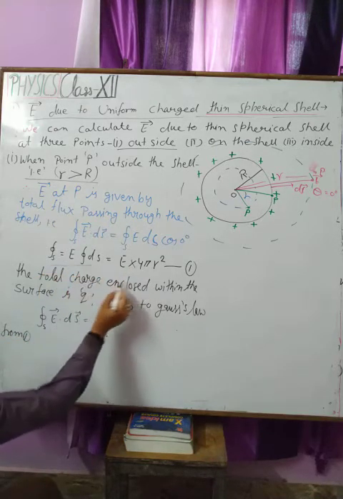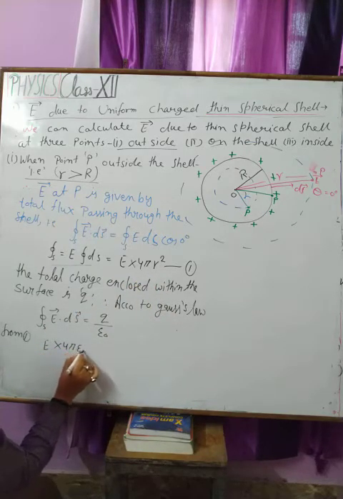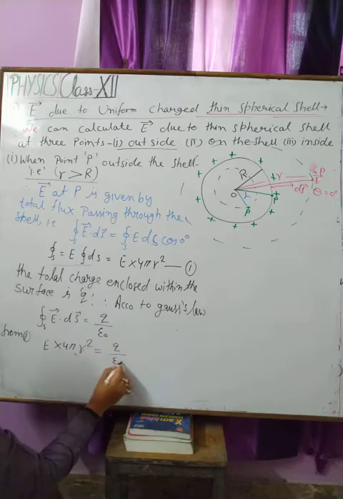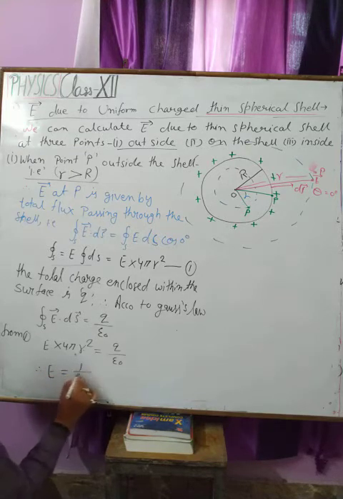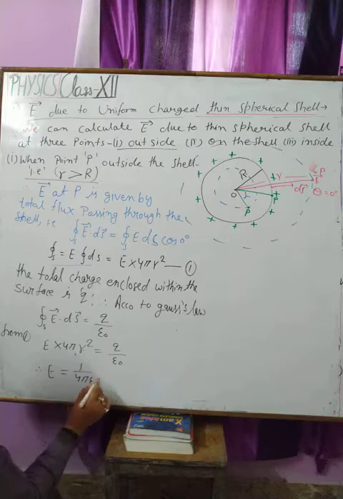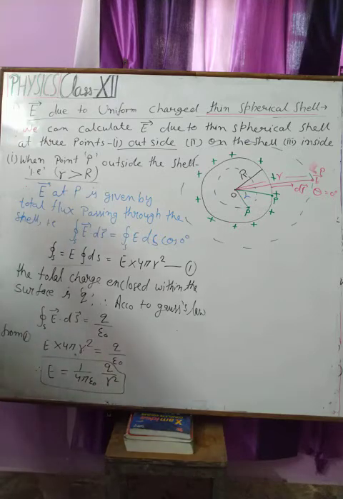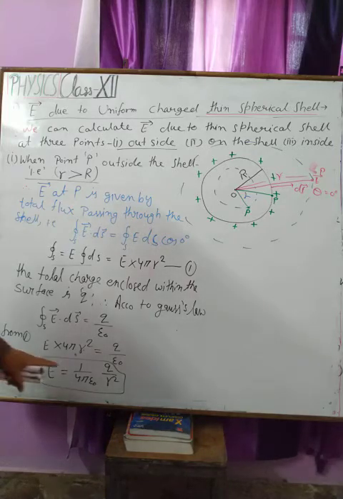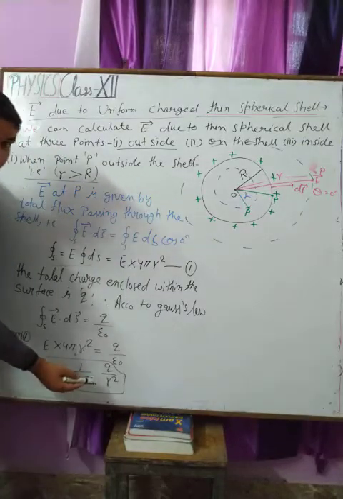This gives E into 4 pi r square is equal to Q upon epsilon naught. Therefore, we get the electric field E is equal to 1 upon 4 pi epsilon naught Q upon r square. This is the value of the electric field due to the shell outside. It is exactly the same as the electric field we calculated for the point charge.